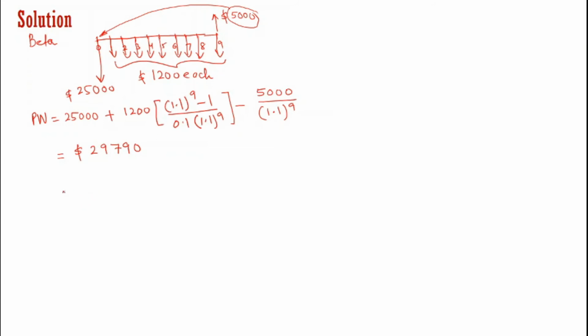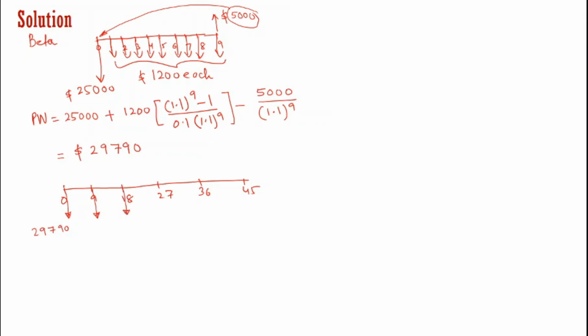Now if we just extend the same cash flow to 45 years, I'm drawing it in multiples of 9: 9, 18, 27, 36, and finally 45. So for the first 9 years, this is the present worth, 29790. Same transaction will be there at the end of 9th year.